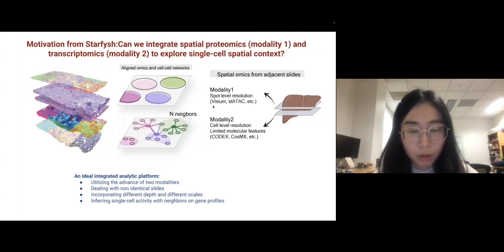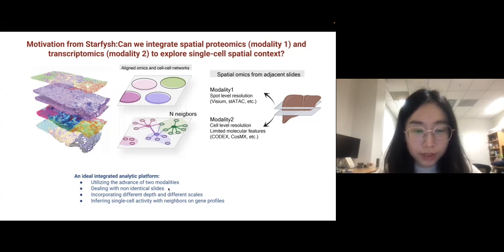Usually, for example, Visium has very low resolution but a higher number of genes profiled, while CODEX, for example spatial proteomics, is not able to profile as many genes as Visium. They are probably limited to only 50 proteins. But they have higher resolution, so we are able to identify single cell types.